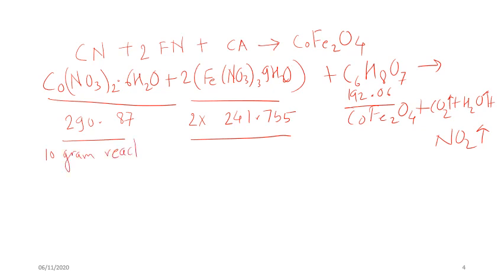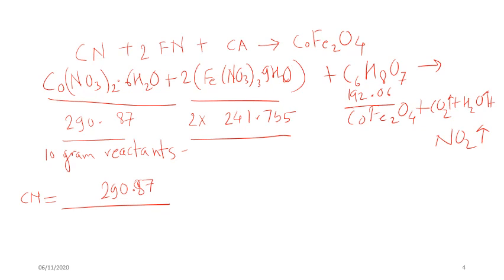Okay, if we want it for the 10 gram reactants, so 290.87 divided by, let's say, for the weight of cobalt nitrate, that is equal to 290.87 grams divided by the total mass, that is, just wait, is it the same 290.87?